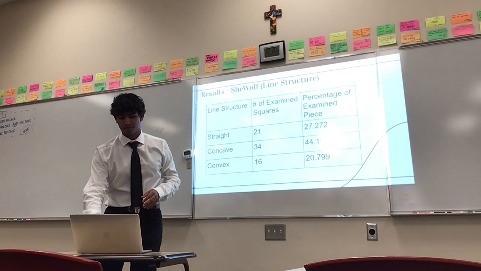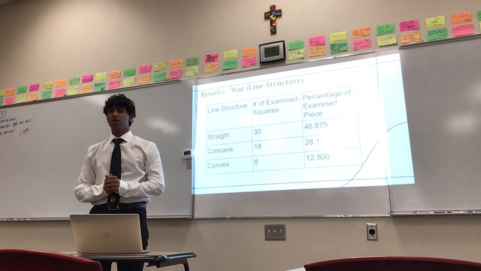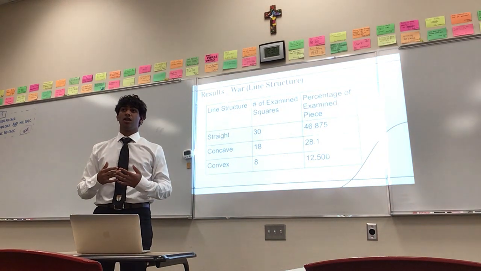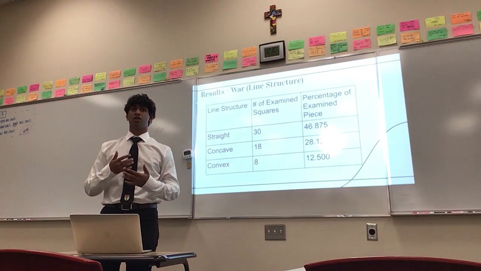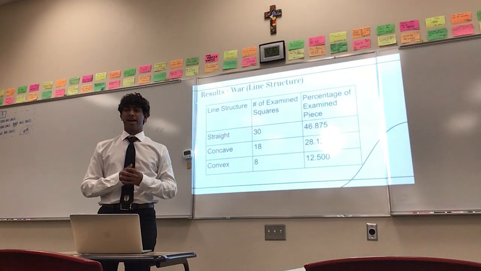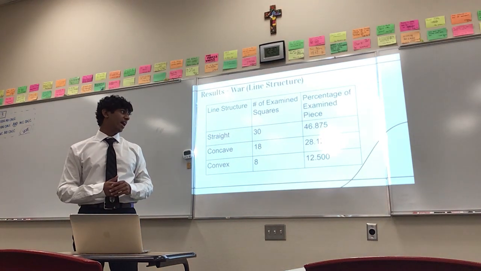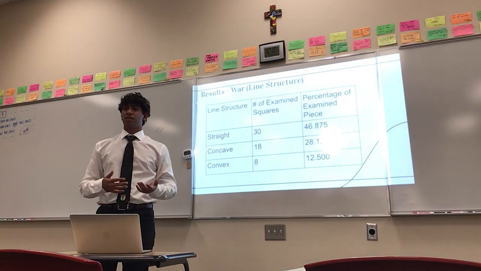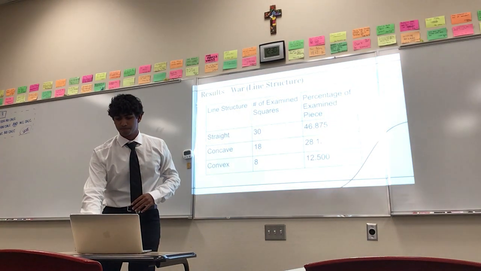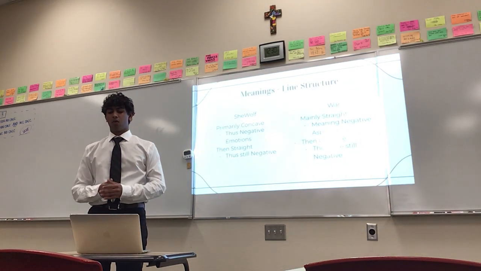In regards to War, 30 of these were straight, so primarily an angry tone underlying within the piece itself. Then next, concave, once again, creating feelings of melancholy and sadness, and then least was convex. So what does this mean?